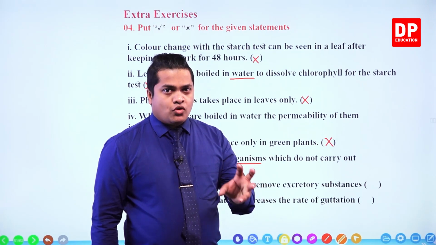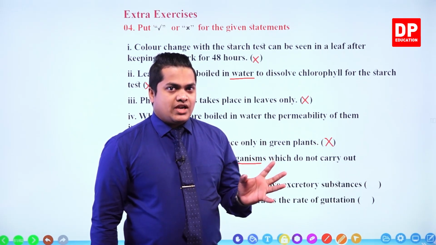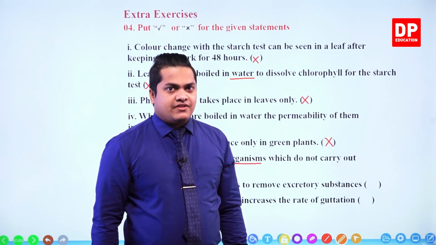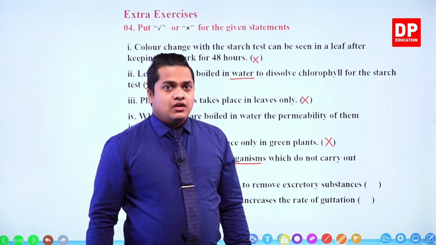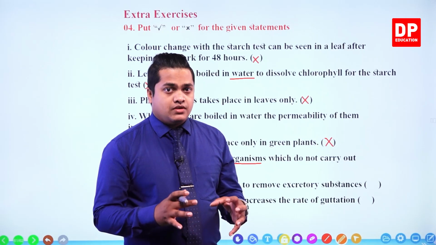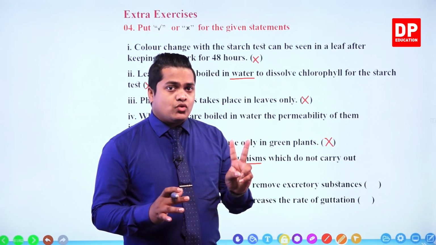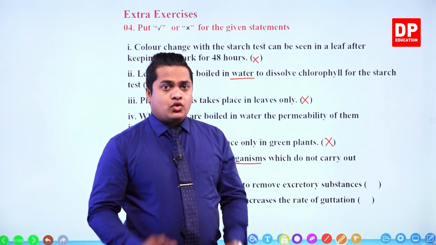Chemoautotrophic, photoautotrophic. Photo means light. Those are the two types of organisms that we can identify in our biosphere. Autotrophism can be divided into two parts: chemoautotrophism and photoautotrophism.